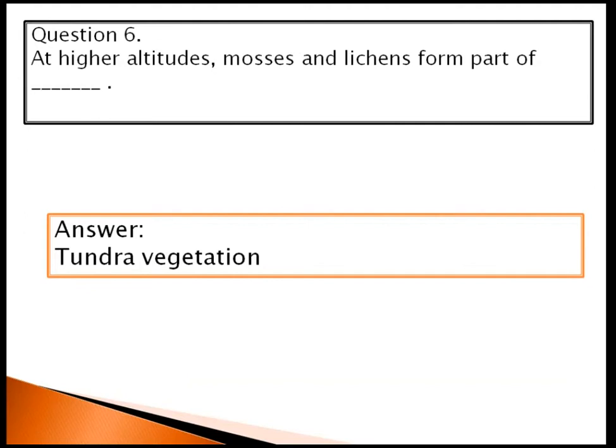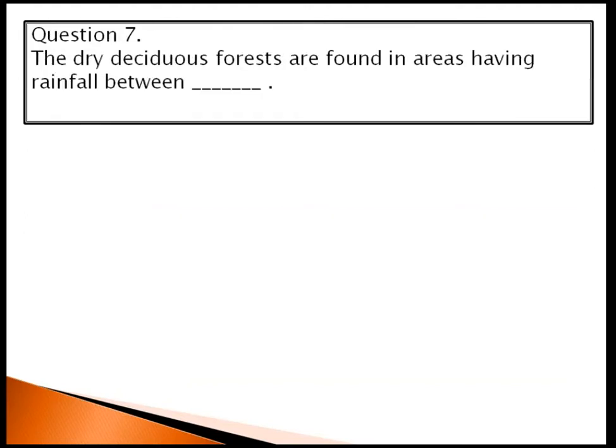Moving toward question number 7. The dry deciduous forests are found in areas having rainfall between dash. So here the question is asking you to write down the rainfall of the dry deciduous forest. Because, as already told to you, the deciduous forests are of two types, moist and dry.